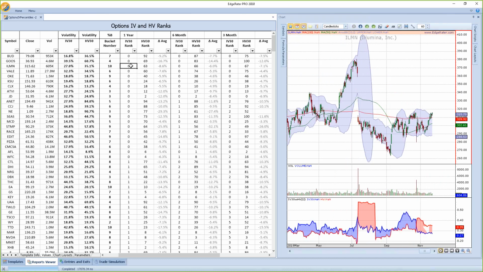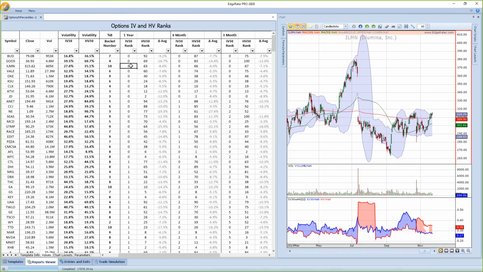Also bear in mind what I said yesterday, in that you can run templates in conjunction. Once you've got a report on the screen, they're all linked together. So if you're looking at low implied volatilities in conjunction with another template, which might indicate to you a higher probability of a move, that would be great to have those side by side.